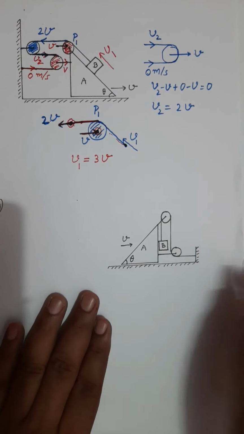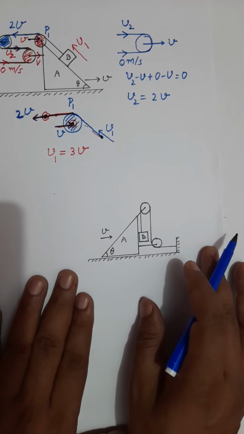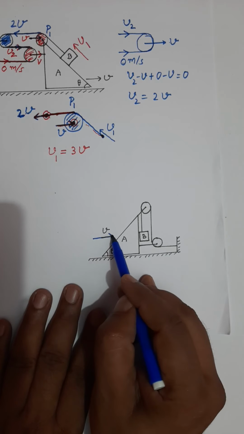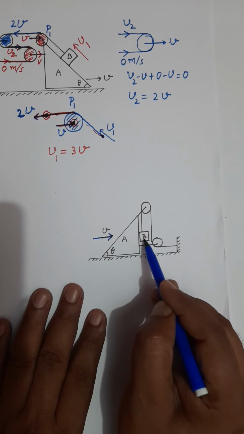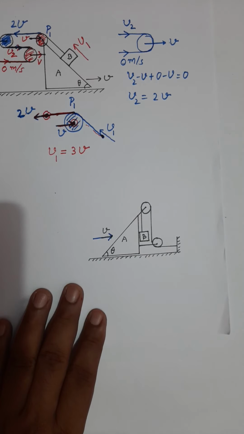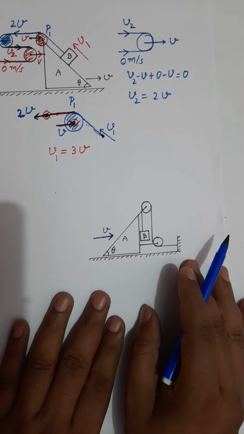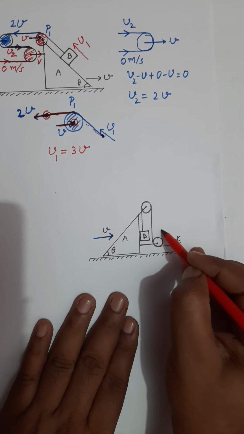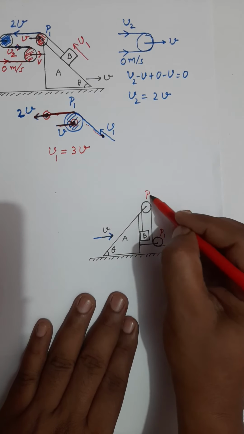Now this example. This wedge is again moving forward with velocity v, and we are interested in the velocity of block B. Notice, let's say this is pulley P1 and this is pulley P2.